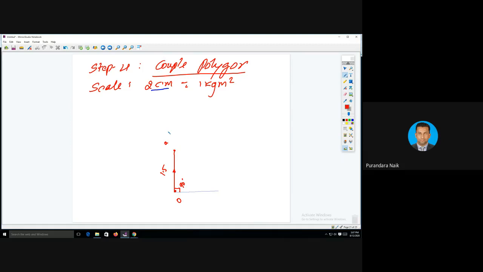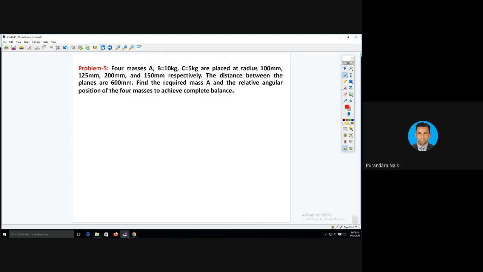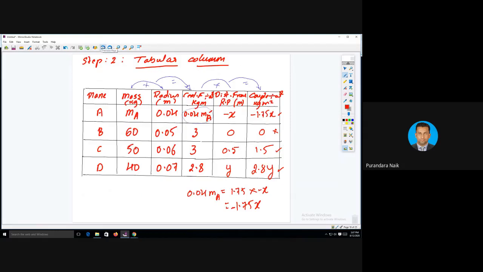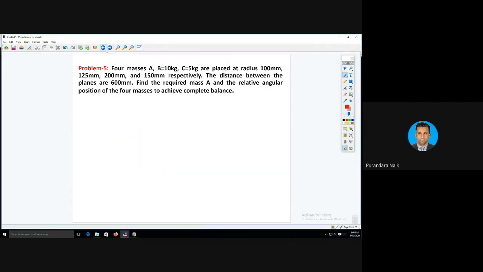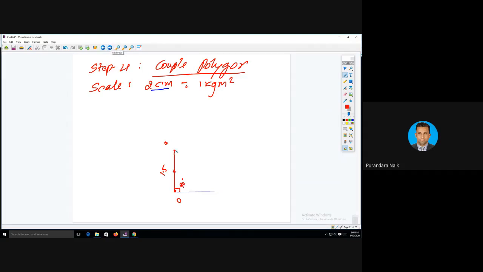Next is very important. If you see the table, next is 2.8y, it is unknown, but angle is known, that is 210 degree. Here it is unknown, but angle is known, that is 250. So that's why next is very important. From this point you need to draw the reference line.